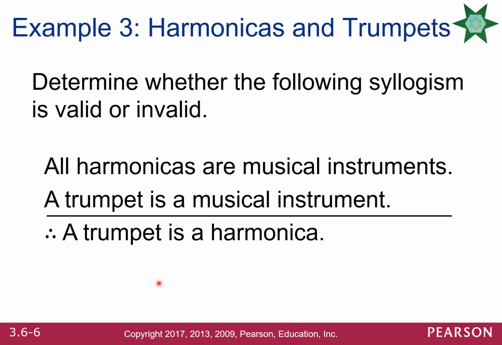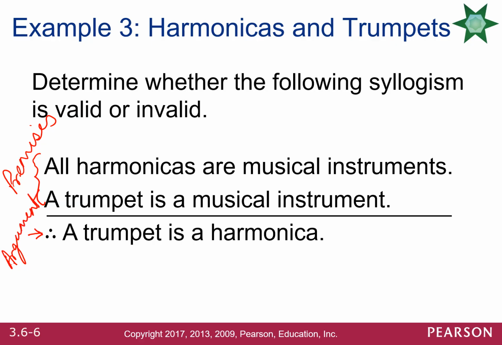Let's look at an example of syllogistic argument, all right? And then we will also learn how to determine the validity of it using an Euler diagram. So the first two statements are premises, right? These two statements represent the premises, and then the last one here with the therefore would be the argument.